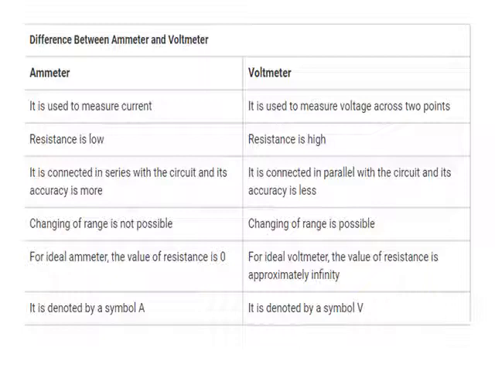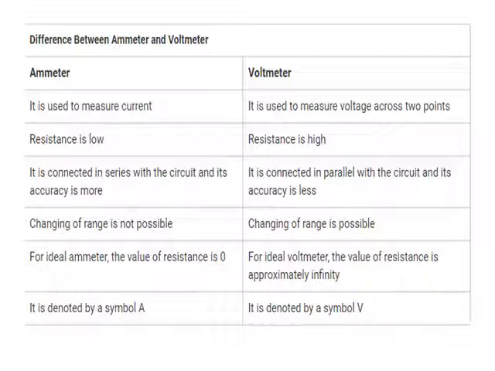Ammeter is connected in series with the circuit and its accuracy is more. What is this series connection? We will see it later. Voltmeter is connected in parallel with the circuit and its accuracy is less.